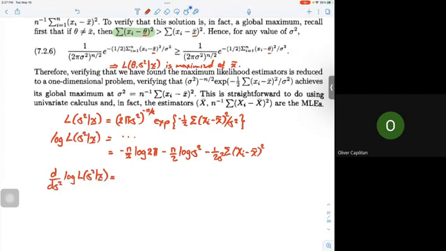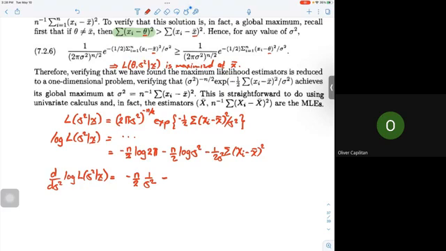With respect to sigma square, the first term will be 0. Second term, you have negative n over 2. And then this one, we have sigma raised to the negative 2, negative 1.